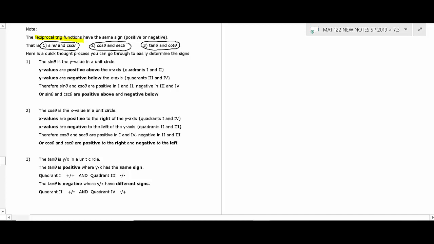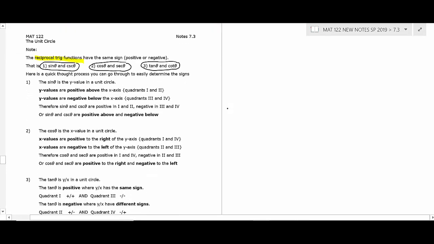So if you go back to the diagram we just did, I only did that for sine, cosine, and tangent because, for instance, the cosecant would also be negative in quadrant 4. The secant would be the same as the cosine, and the cotangent would be the same as the tangent.